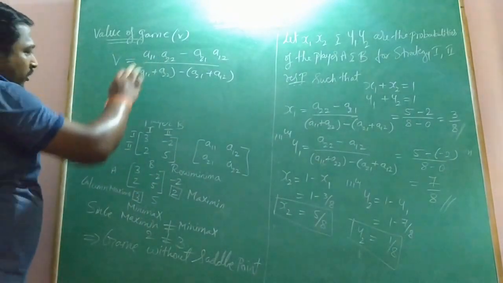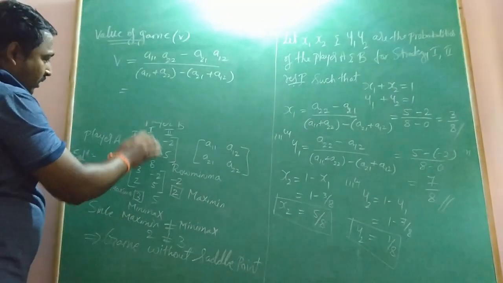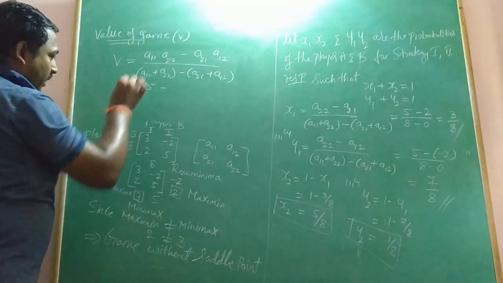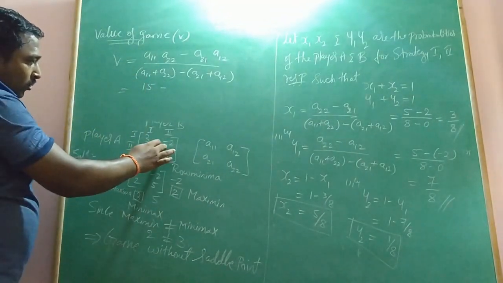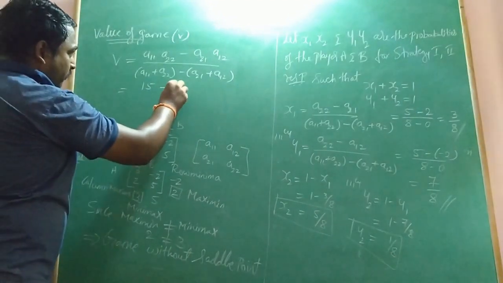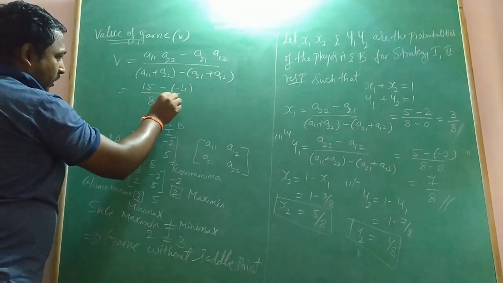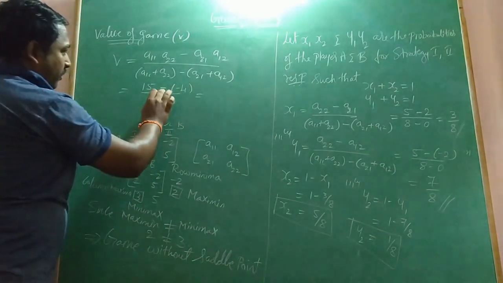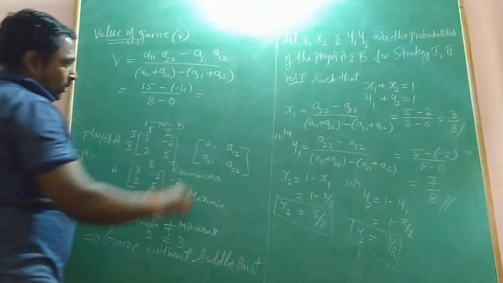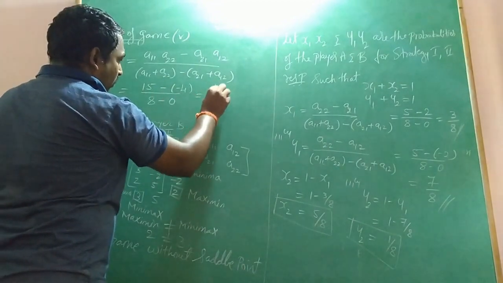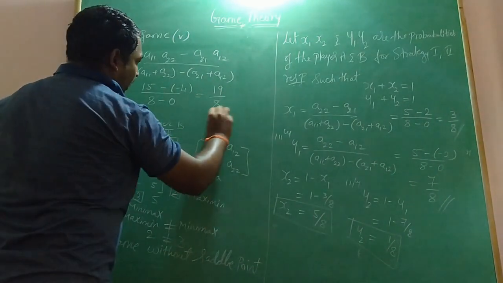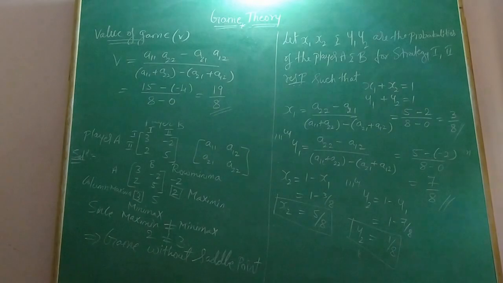Then a11 into a22, 3 into 5 is 15, minus 2 into minus 2 which is minus 4, divided by the same denominator, 8 minus 0. 15 plus 4, since minus of minus is plus, is 19 by 8. The value of the game is 19 by 8.